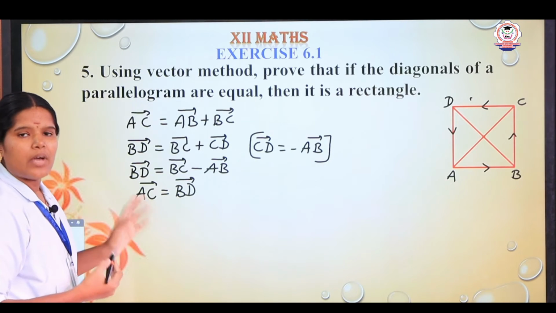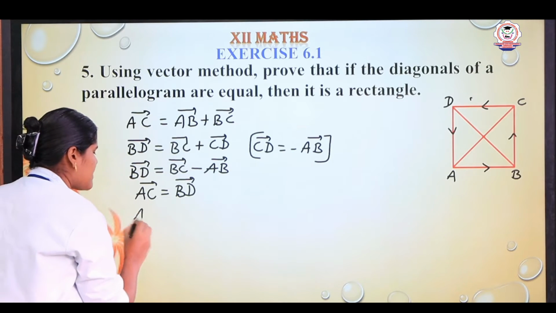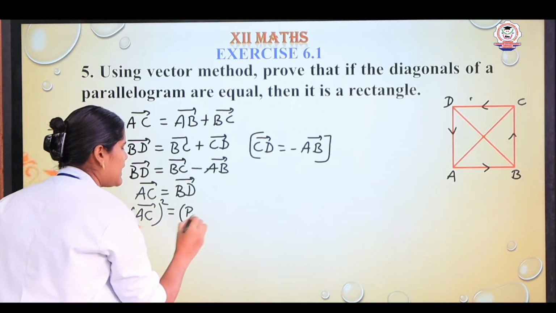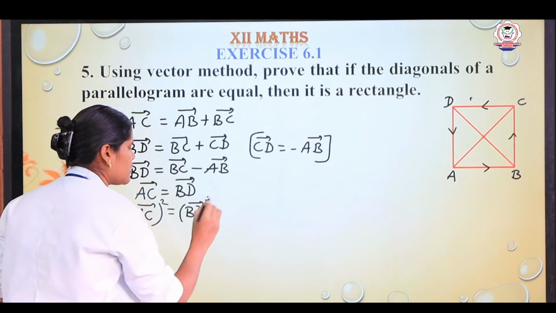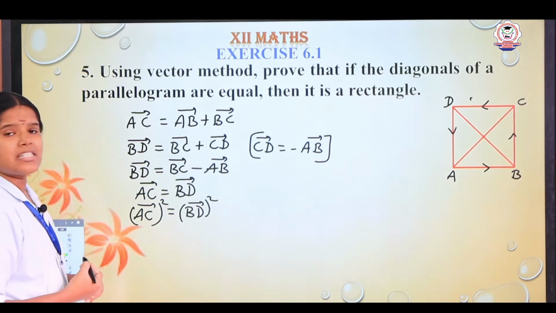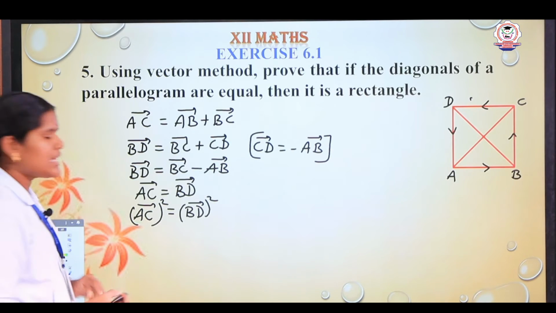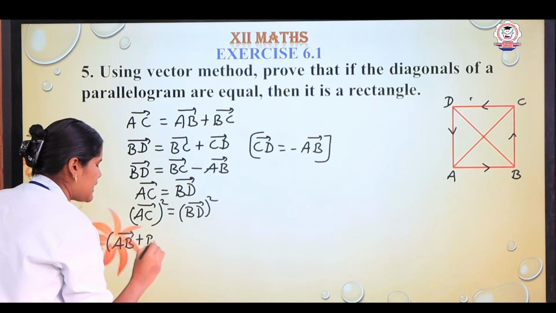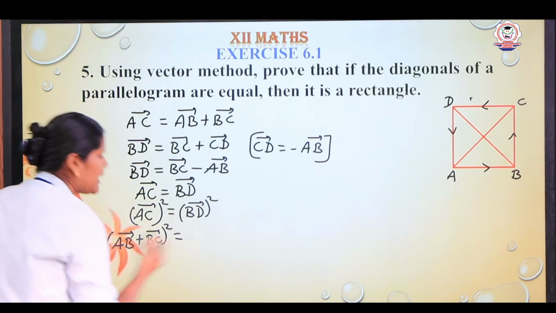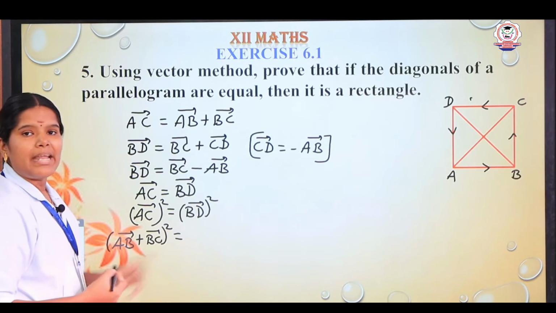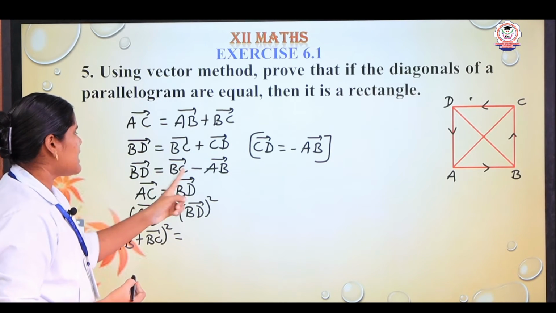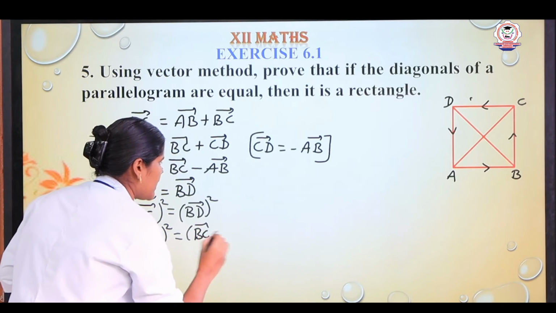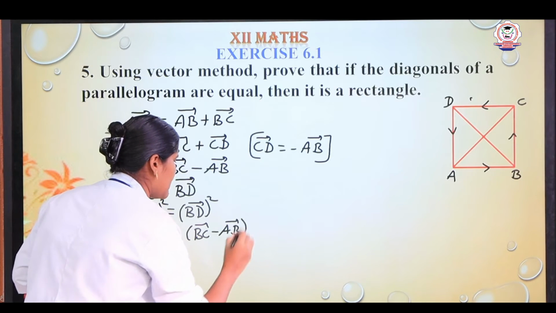Now I am going to take the square on both sides. So we get AC vector square is equal to BD vector square. We already know that AC is equal to AB vector plus BC vector, so AB vector plus BC vector whole square is equal to BD vector, which is BC vector minus AB vector, whole square.